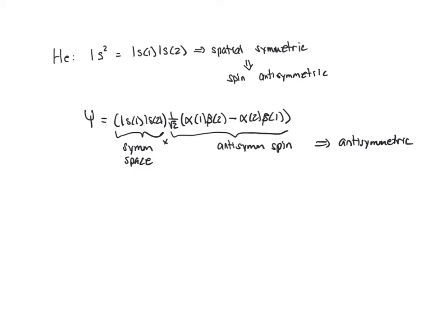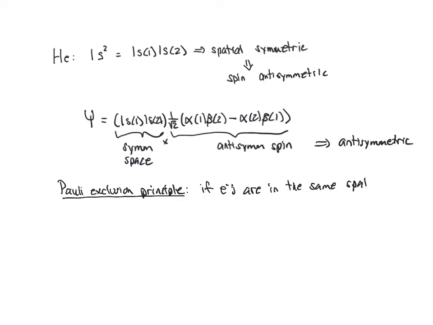And so we state this as the Pauli exclusion principle, because this works for more than two electrons, that if electrons are in the same spatial orbital, their spins must be different.